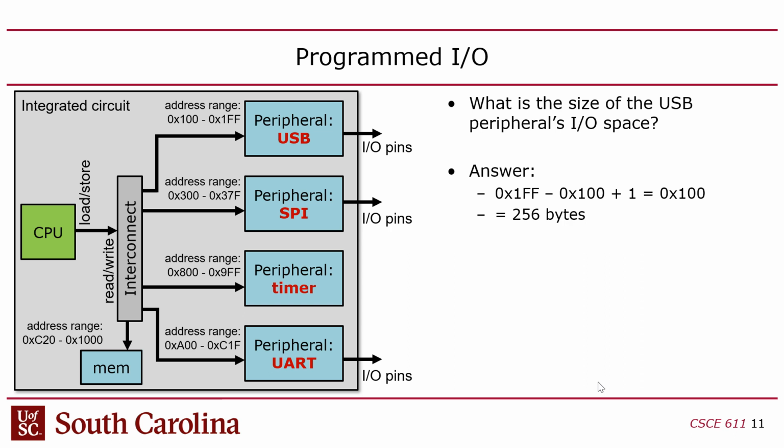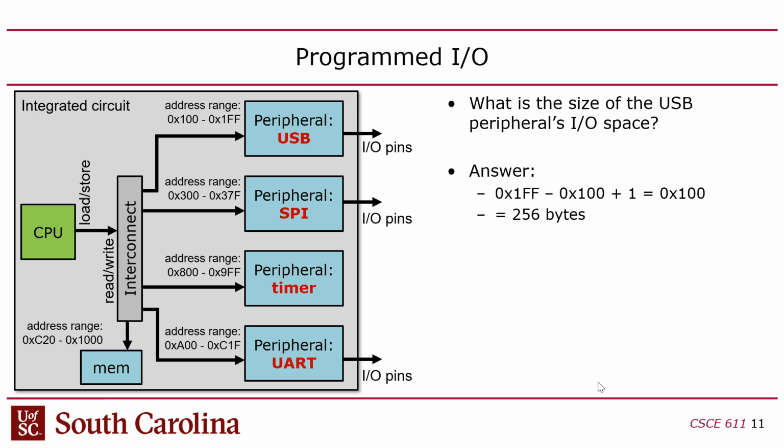The answer is the last address, 1FF, minus the first address, 100, and then you have to add 1 because it's an inclusive range. So it's 1FF minus 100 plus 1, in hex, and the answer is 100 in hex, or 256 in decimal. So it has a 256 byte range that maps to that peripheral.